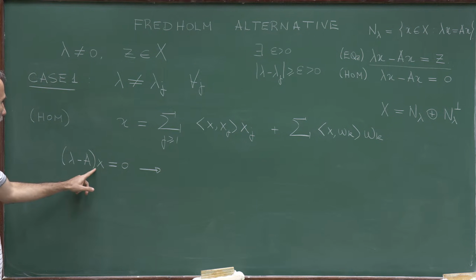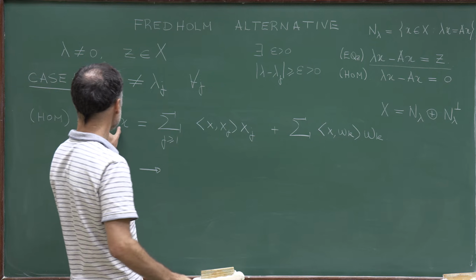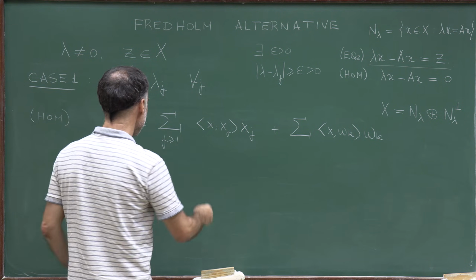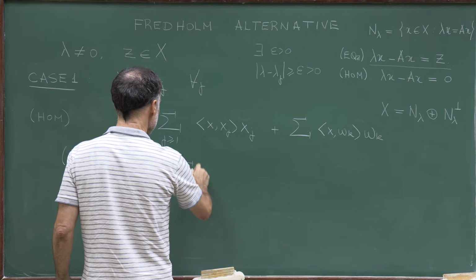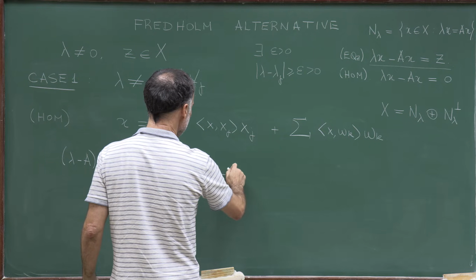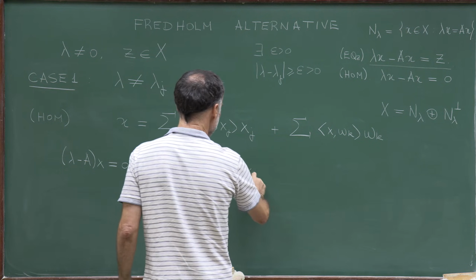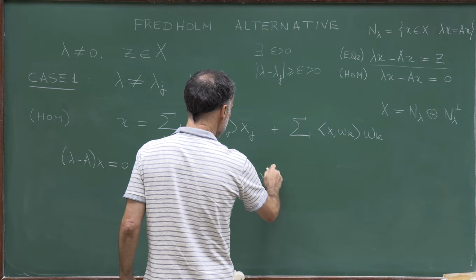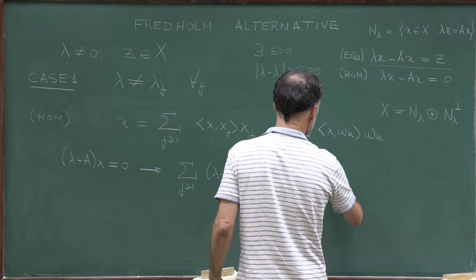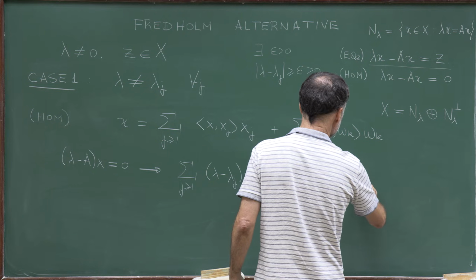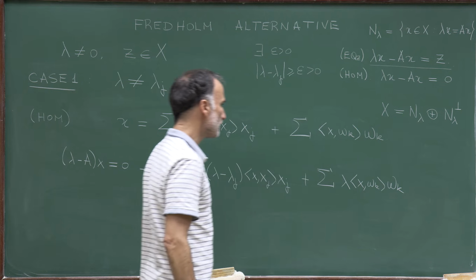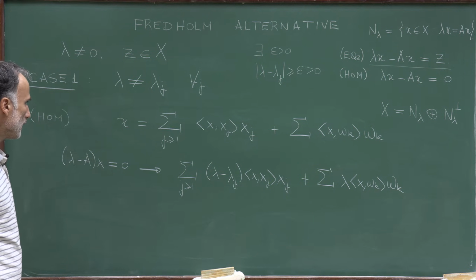So what is λx − Ax? Let's apply λ − A to the sum. We already computed that: it is the sum of (λ − λ_j)(x, x_j)x_j plus λ times the sum of (x, w_k)w_k. We computed that in the previous step.